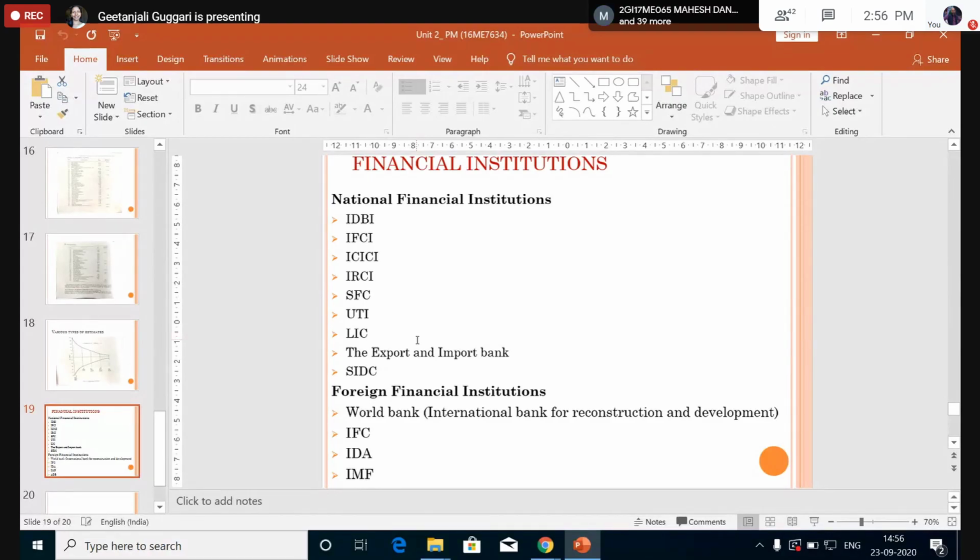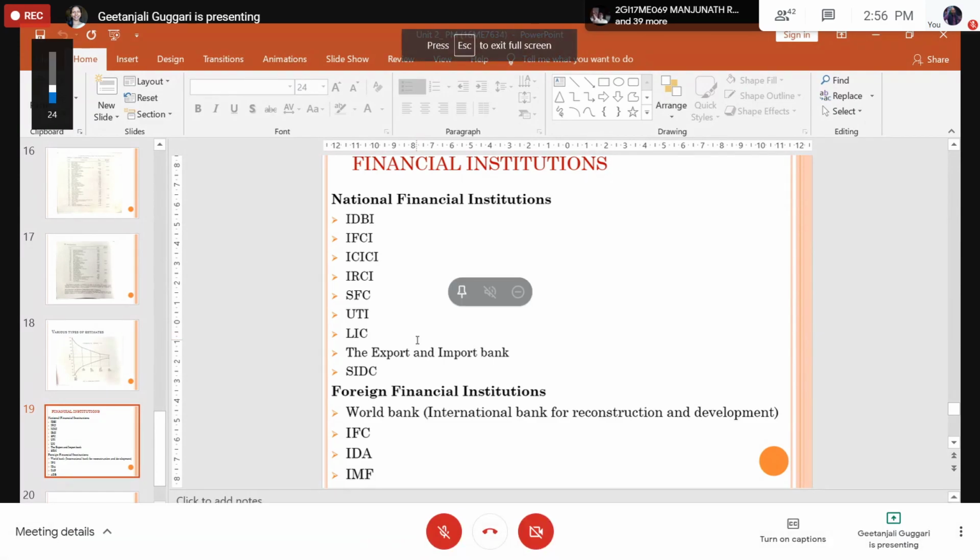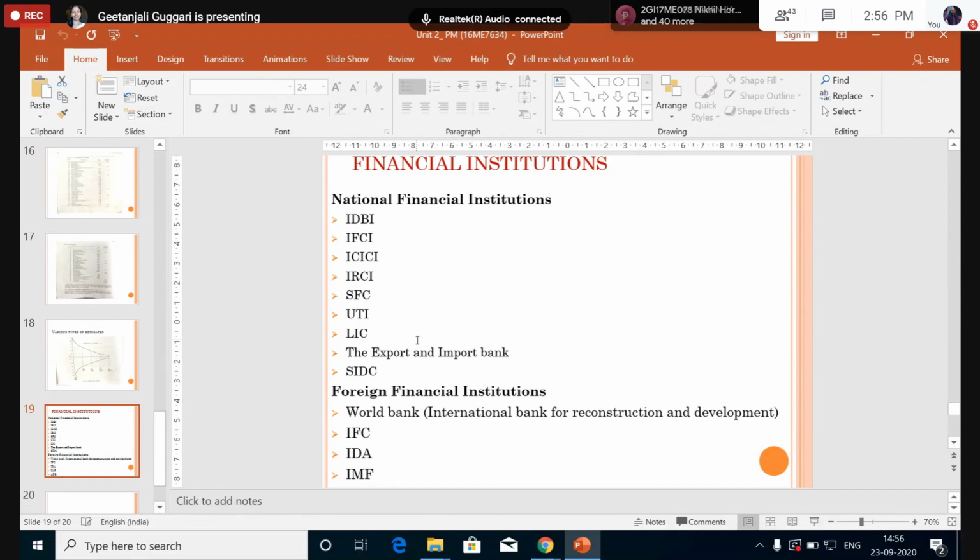For starting up the industrial projects as a sole owner or in the joint sector also you will be able to get the assistance. The creation of infrastructure facilities, providing loans, then acting as an agent for the state. So in all the cases, you will be able to get the financial assistance for your project.